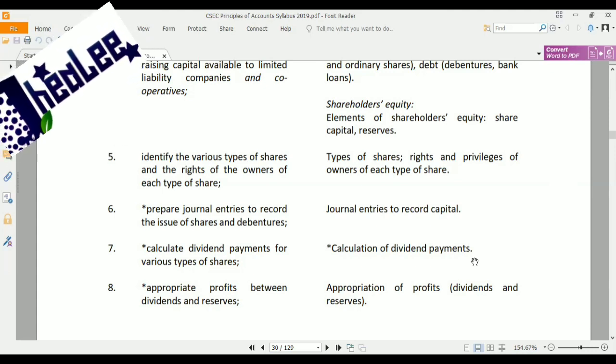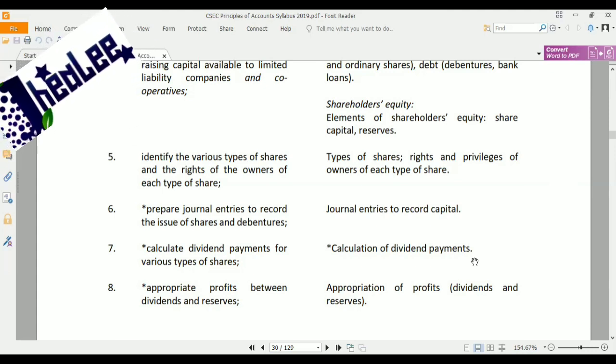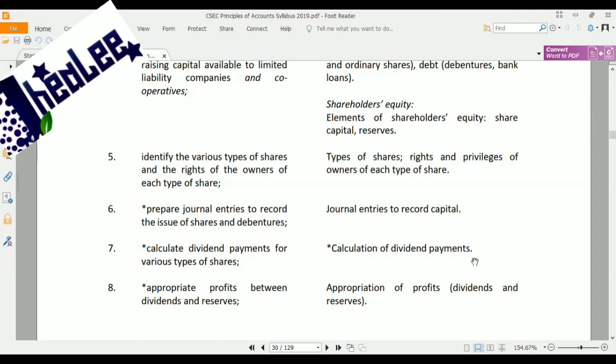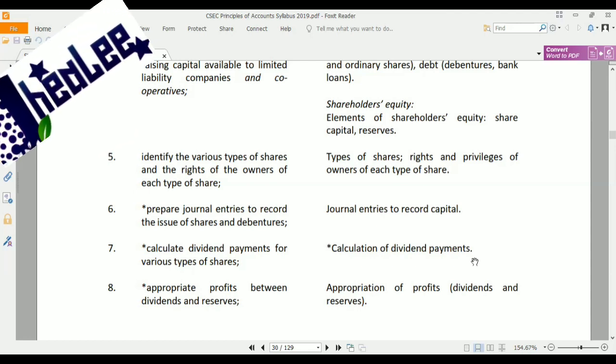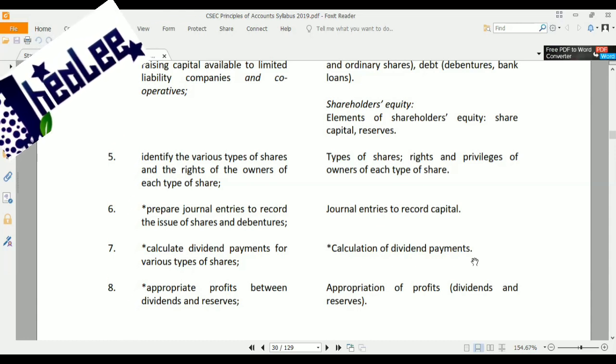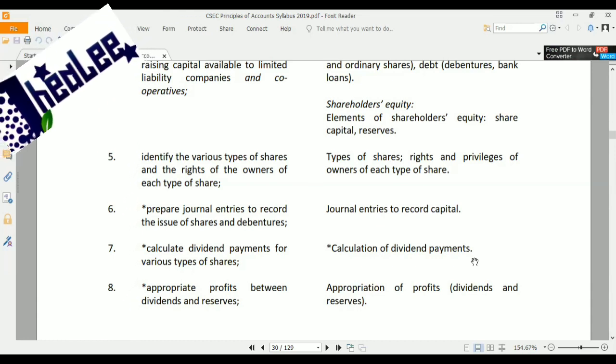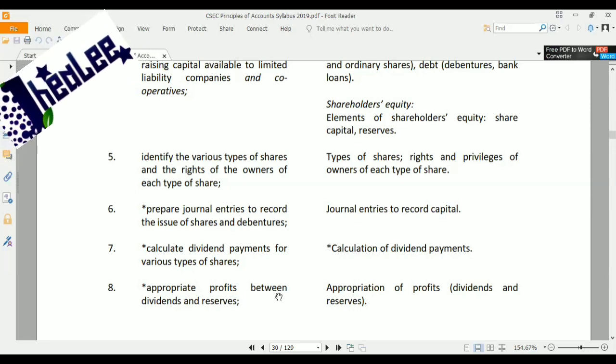And therefore, they're looking for a return from the amount that they have invested in the business. And that return is referred to as the dividend. Okay, so you need to know to calculate that, because you'll have to show the amount of dividend to be paid out of the retained profit that is in the business to your shareholders. You have to know to calculate that. Appropriate profits between dividends and revenues.